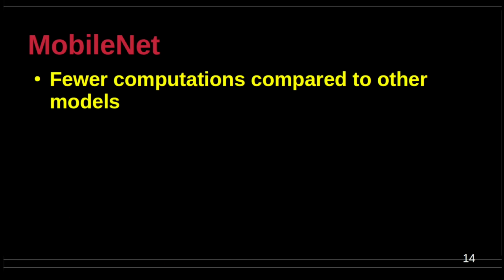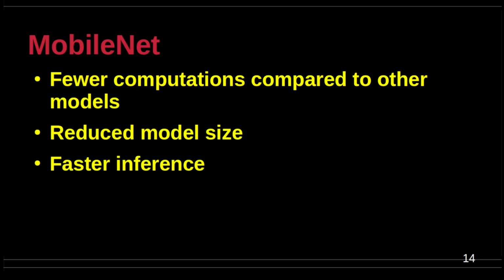MobileNet models are designed with efficiency in mind, requiring significantly fewer computations compared to larger models like ResNet or Inception. They have a much smaller model size, making them ideal for deployment on resource-constrained devices like smartphones, embedded systems, and IoT devices.